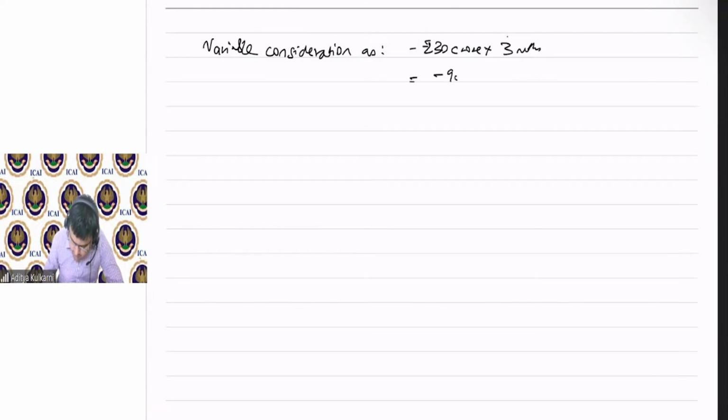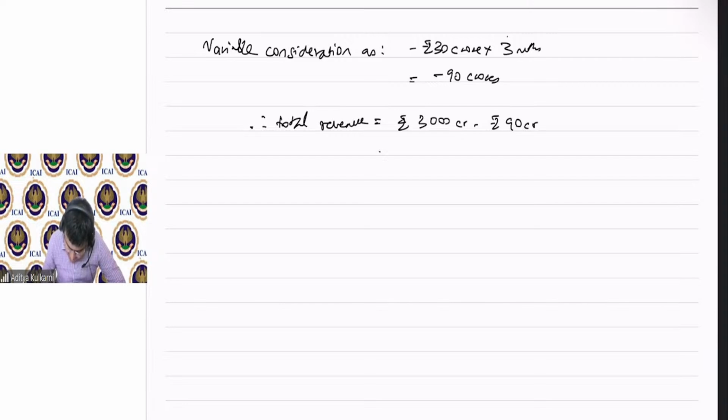So this gives me minus 90 crores. Therefore, total revenue is equal to rupees 3000 crores minus rupees 90 crores. So 3000 minus 90 gives you how much?